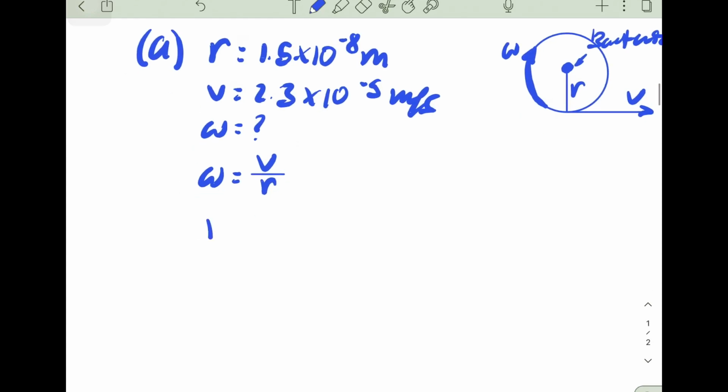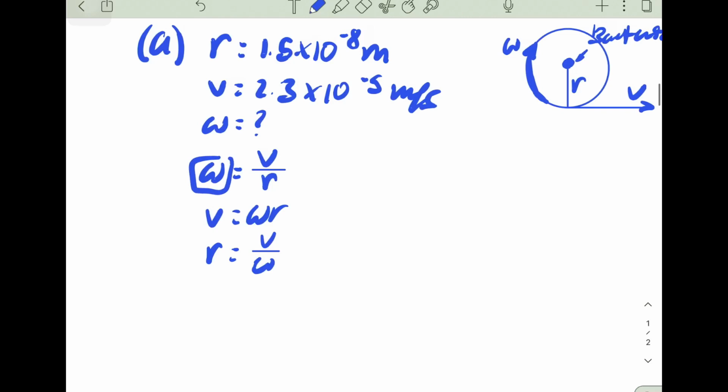From here you can get the radius equals the linear velocity divided by the angular velocity, or, moving it around again, the linear velocity equals the angular velocity times the radius. In case you want to write them down, these are really good to have.